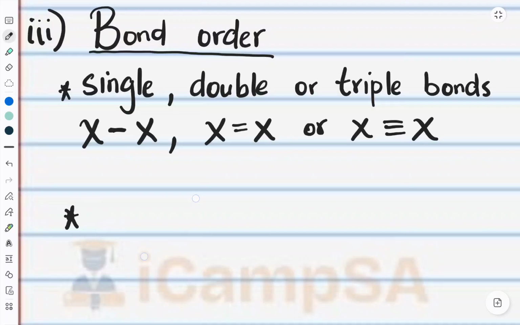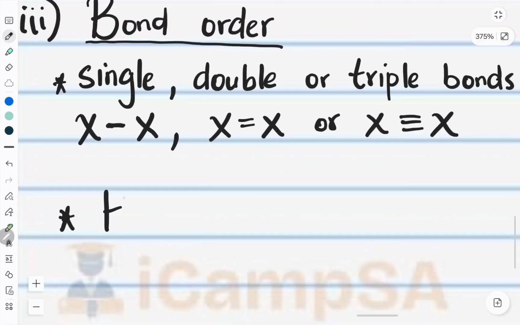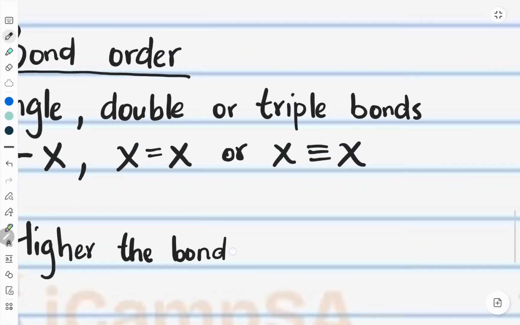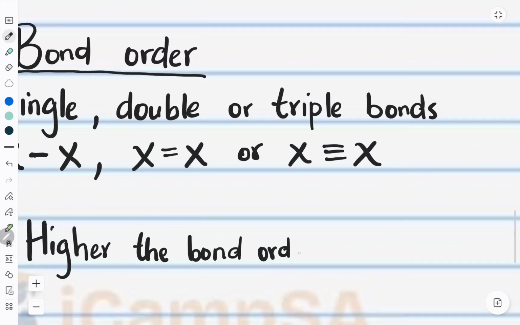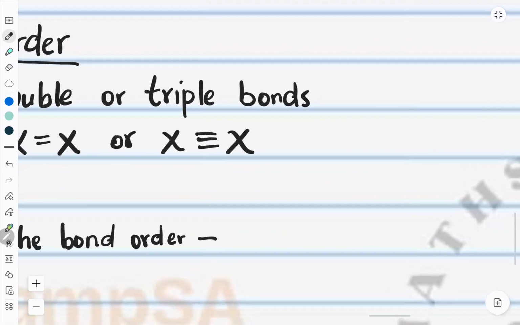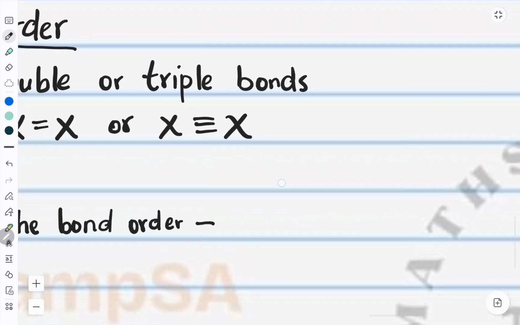So let's write it here. Higher bond order means that bond is likely stronger than a lower bond order, right?